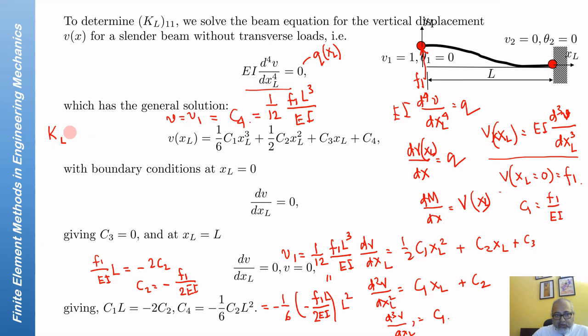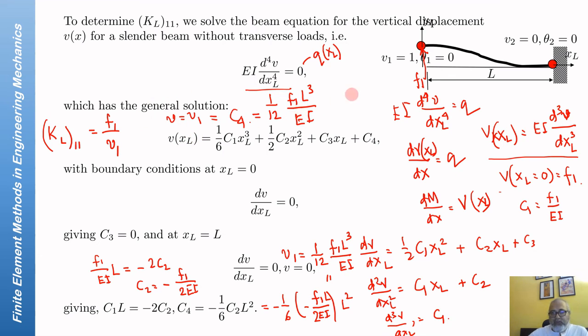And KL11, remember, can be obtained as the shear force in degree of freedom 1, that is in the vertical direction, divided by the degree of freedom value at the same node, F1 by V1.